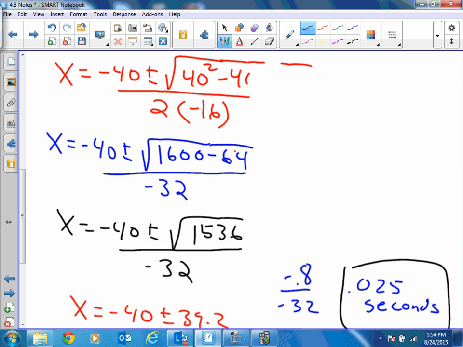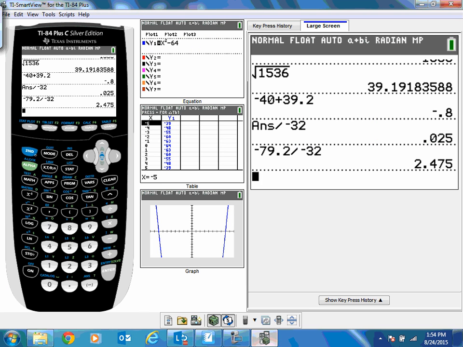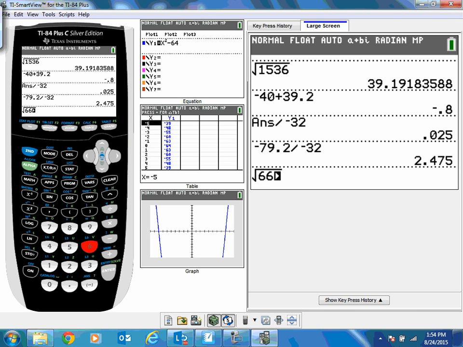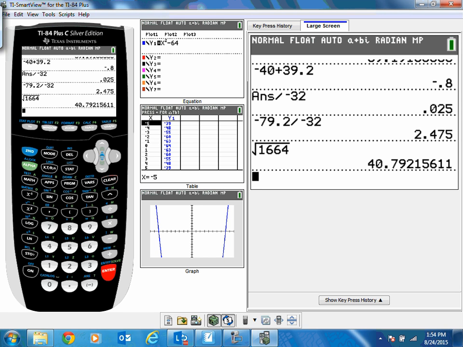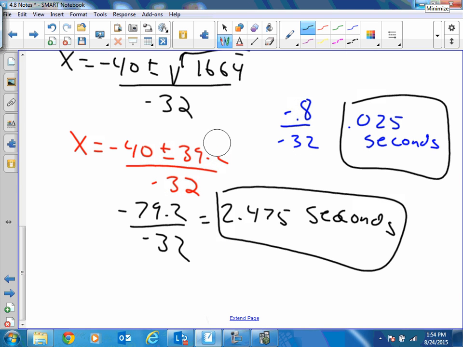That should have been negative 16 and 1, making that plus 64, so making that 1664. Okay, so then the square root of 1664, which is a subtle difference, but it does change the problem, equals 40.79.